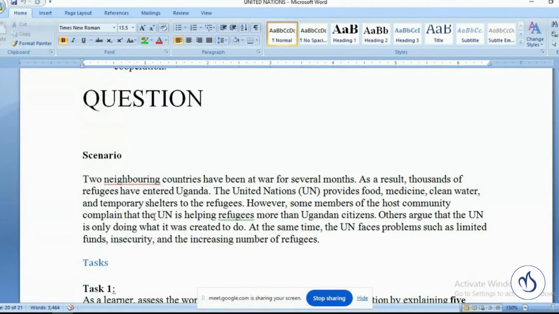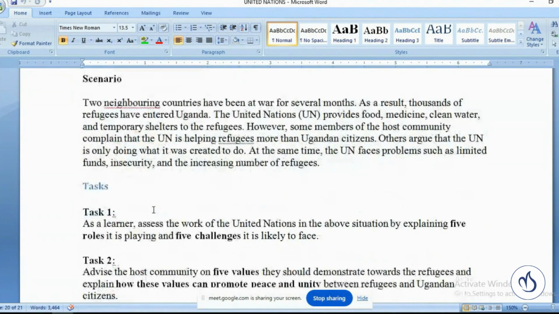However, some members of the host community complain that the UN is helping refugees more than Ugandans. Others argue that the UN is only doing what it was created to do. At the same time, the UN faces the problems of limited funds, insecurity, and an increasing number of refugees. So that's a scenario question.